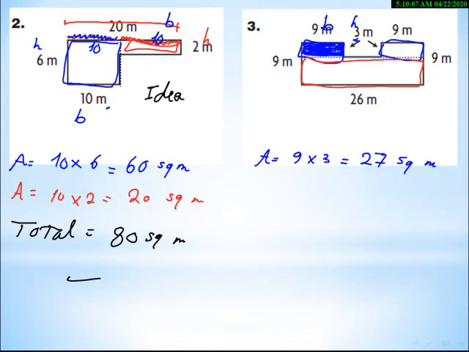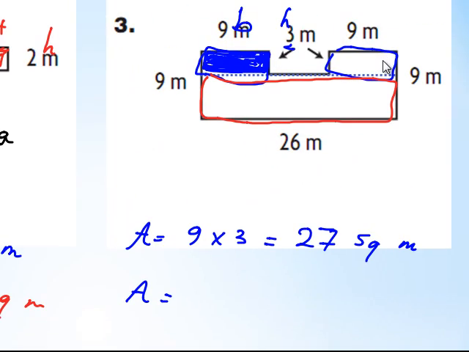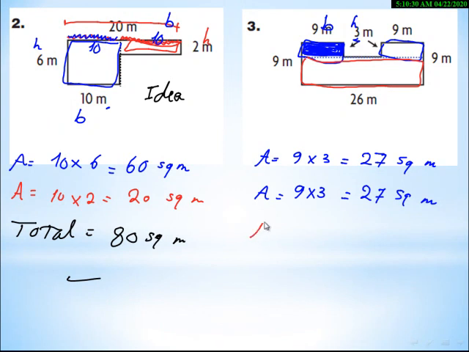And the second one, also the same thing, 9 times 3. Its base is 9 and its height is 3, so the final answer is 27 square meters. Great. For the red one, you should label its base and its height at first.